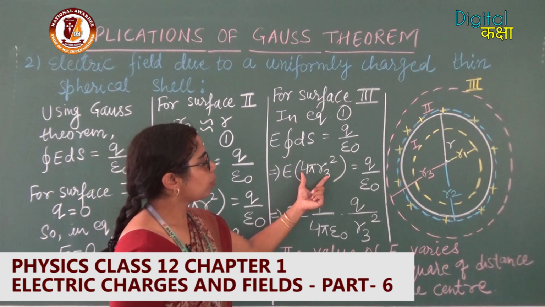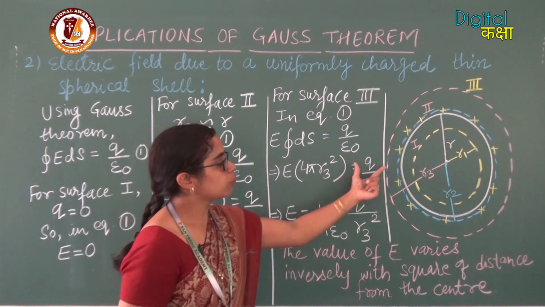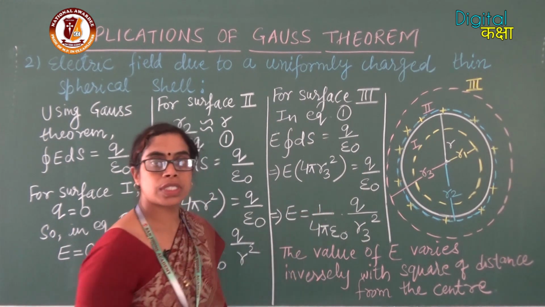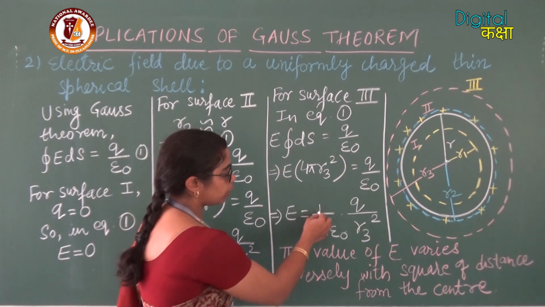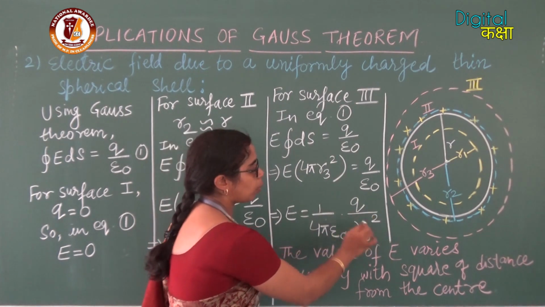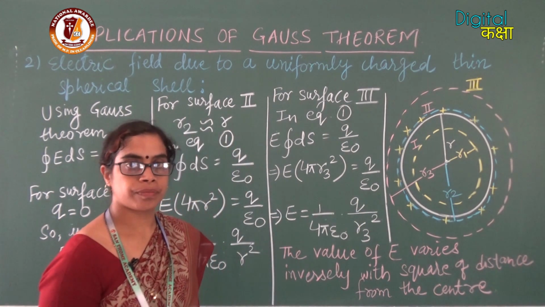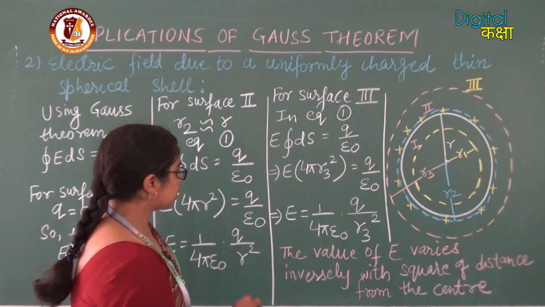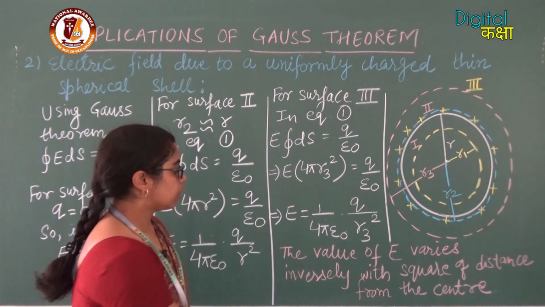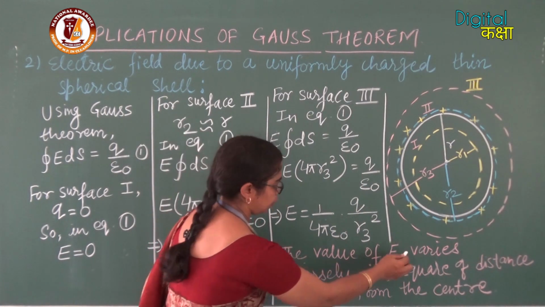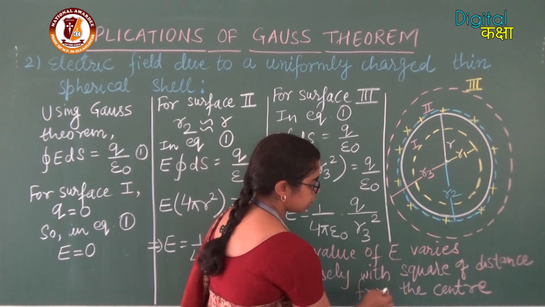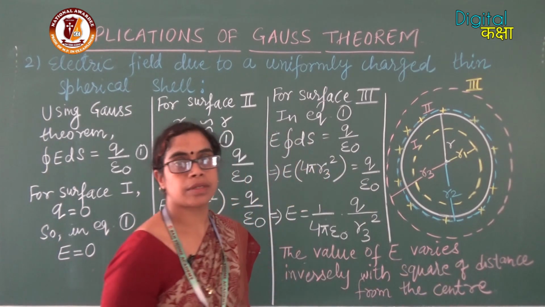So E into 4 pi r3 square is equal to Q upon epsilon naught, and the value of E for the third Gaussian surface is calculated to be 1 upon 4 pi epsilon naught, Q upon r3 square. So from these formulae we can conclude that the value of electric field varies inversely with the square of distance from the center.